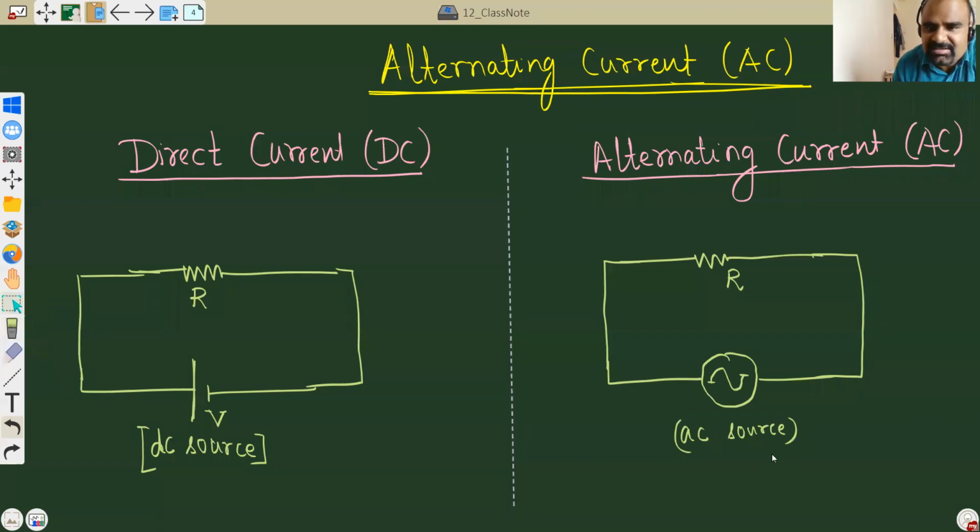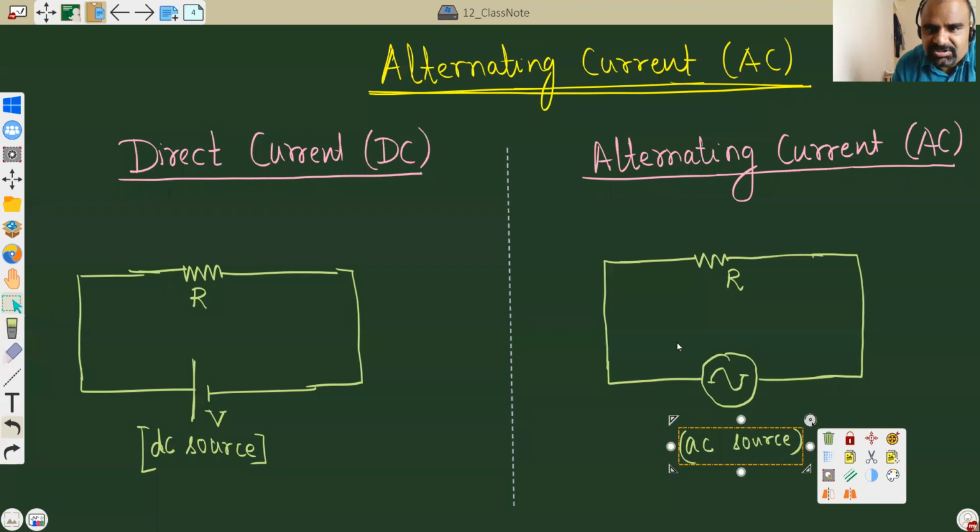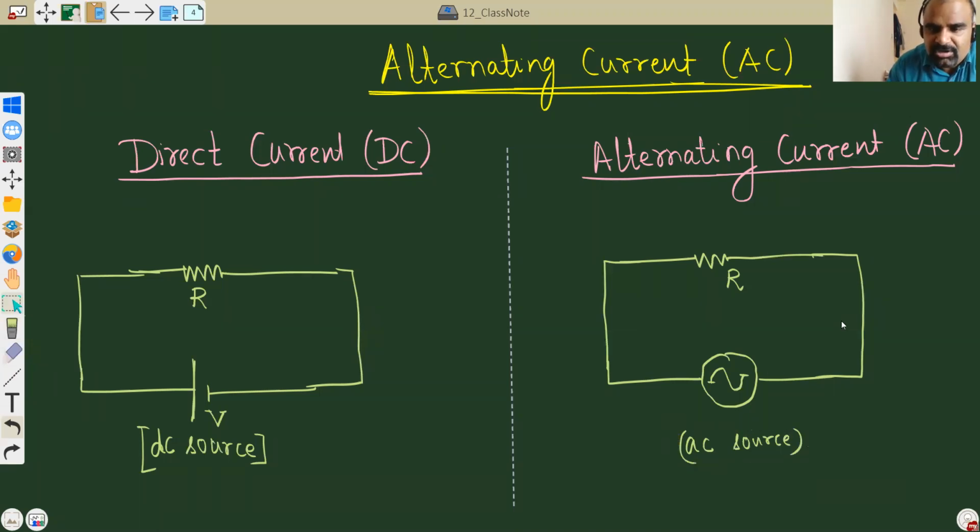And you know, in AC source, the positive and negative terminals keep alternating. In DC, you can say that this is the positive terminal, this is the negative terminal. So current will flow like this.